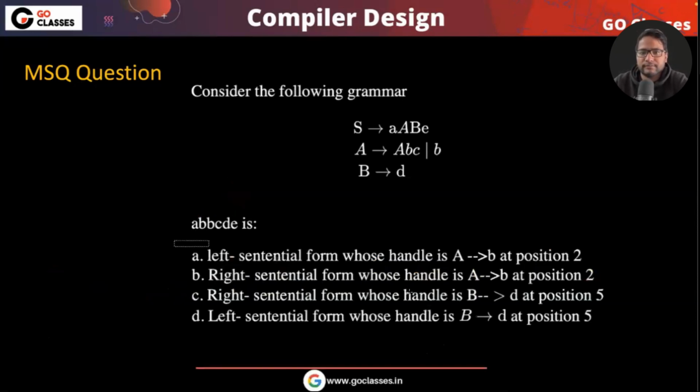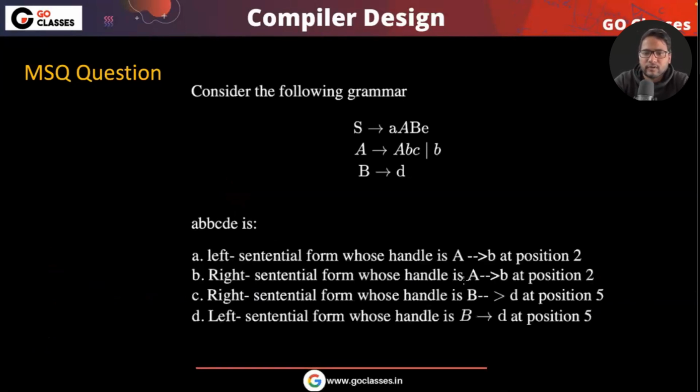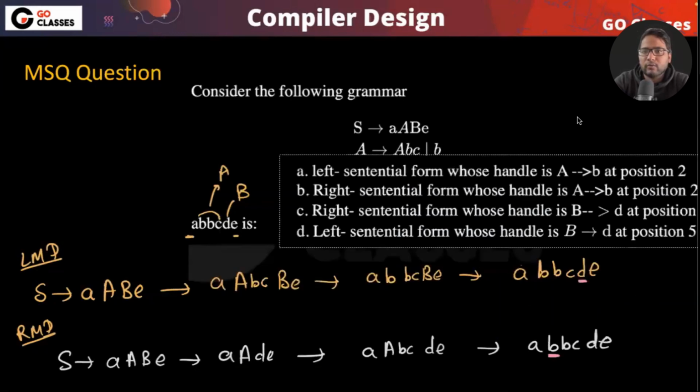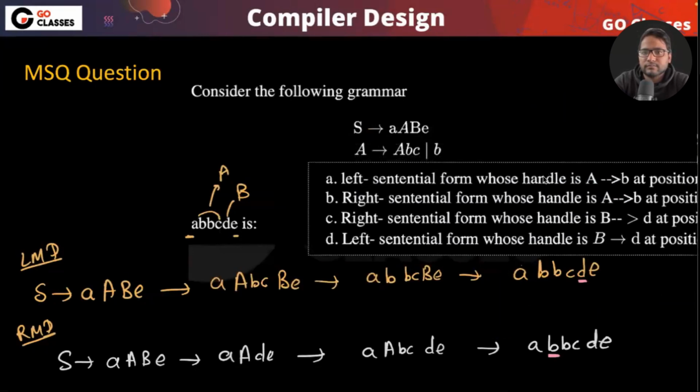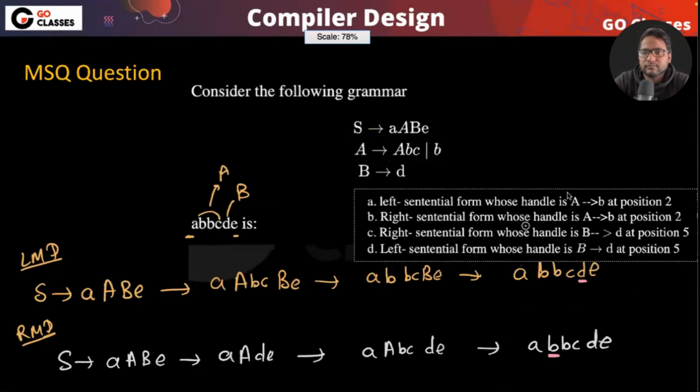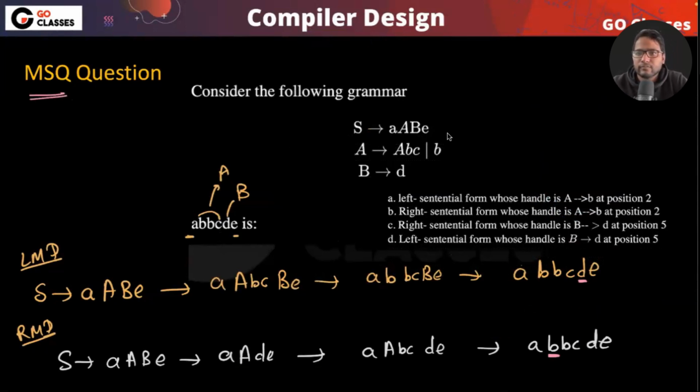So basically, here, can you tell me what the answer is? So what is the answer? This is an MSQ question, by the way. So in the left sentential form, I think BD is at position 5, right?